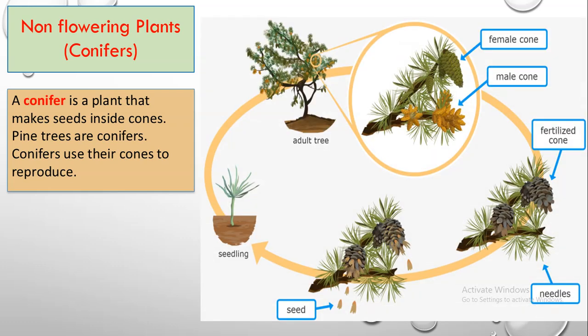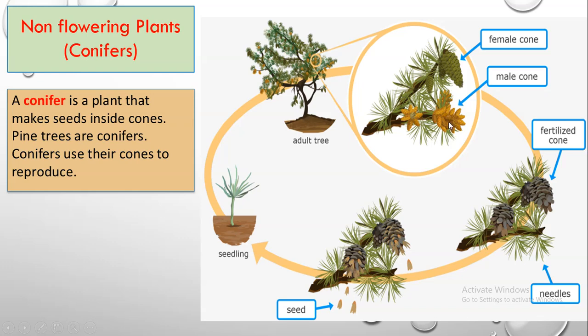Now, the life cycle of a conifer starts with the seed. With the proper conditions, it will grow into a seedling, then a sapling or a young tree. Then it will become an adult tree with female and male cones.